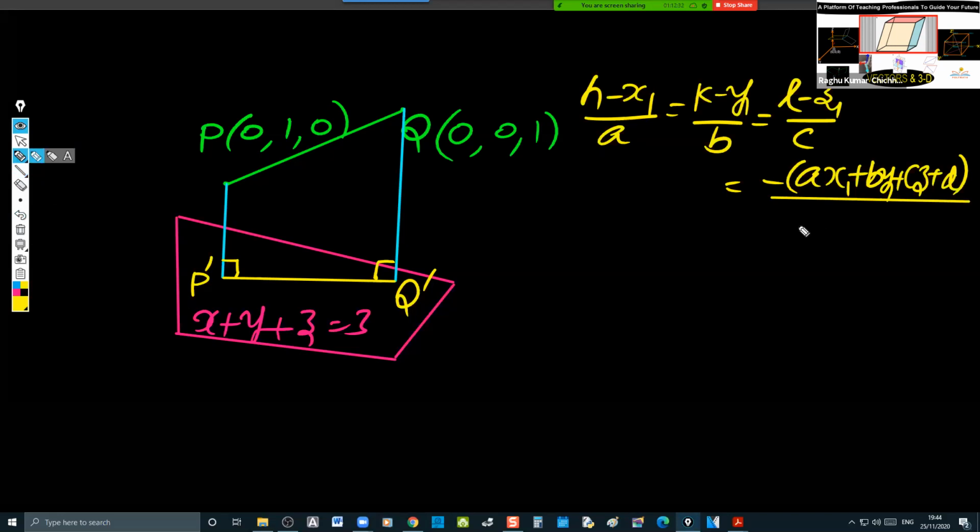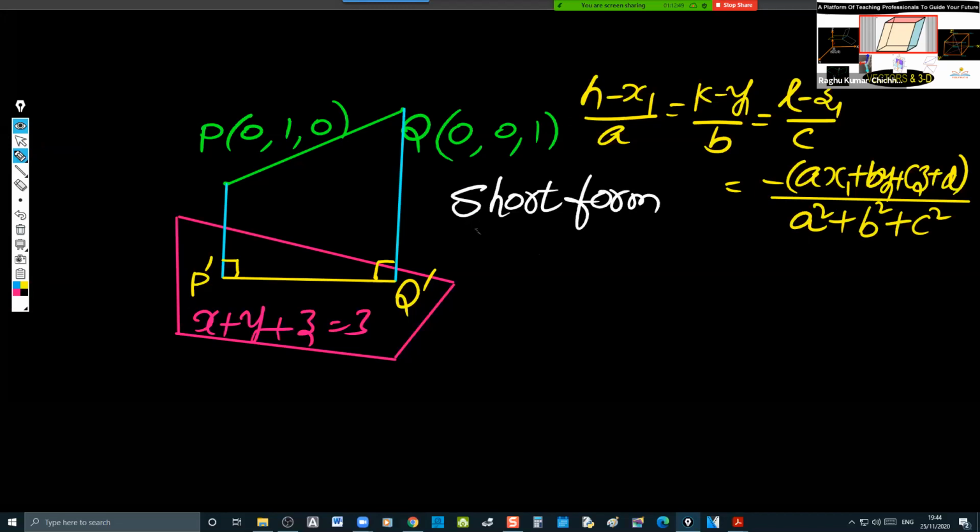This is the foot formula. Now I'll make it simple for you by giving you the short form of it. What is the short form to find out the foot? Just listen to this, please.